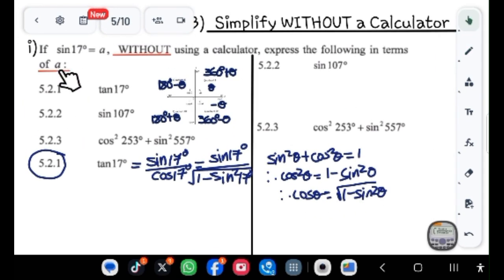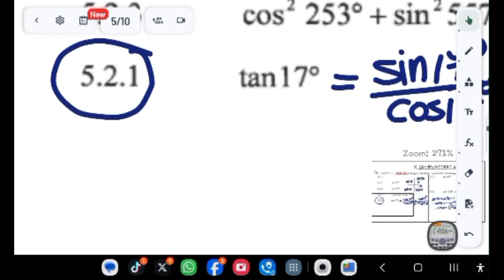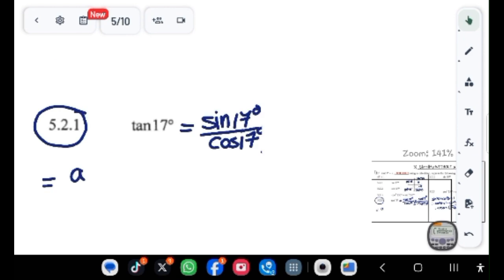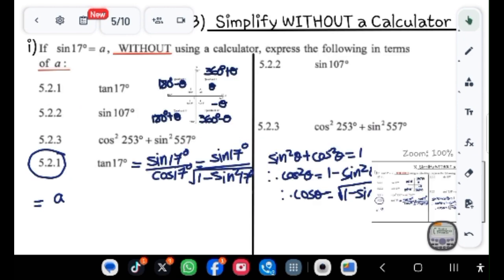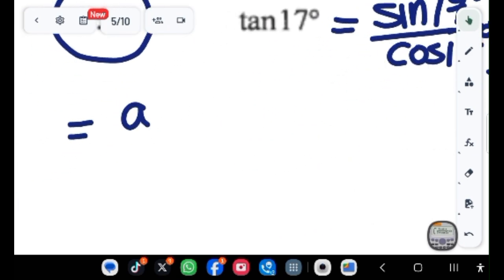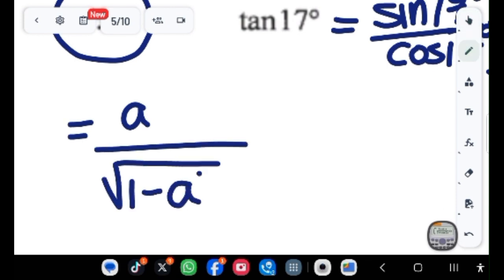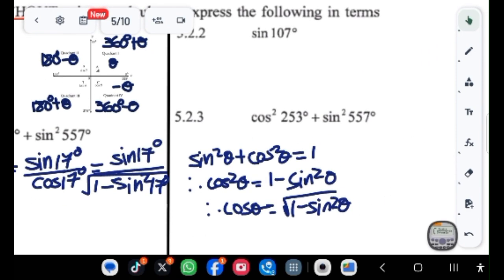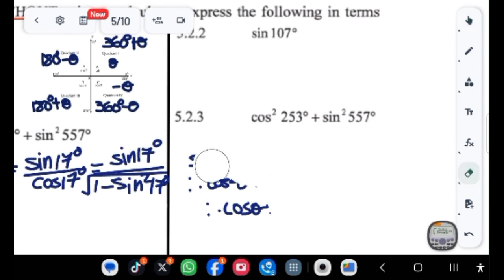They give it to us. We can just replace that with an a. That gives us a at the top, over the square root of 1 minus a squared. And that's how you navigate questions like this, using the square identity as your source identity to work through.